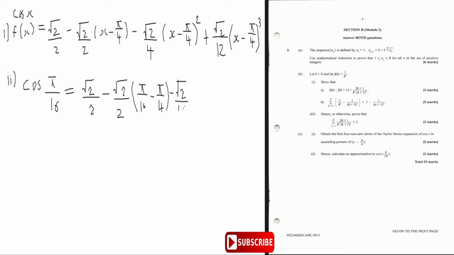All we're doing is substituting x as pi by 16. Minus root 2 over 4 times x minus pi by 4, and x is pi by 16, so this is pi by 16, minus pi by 4, all square, plus root 2 over 12 times x is now pi by 16 minus pi by 4 cube.